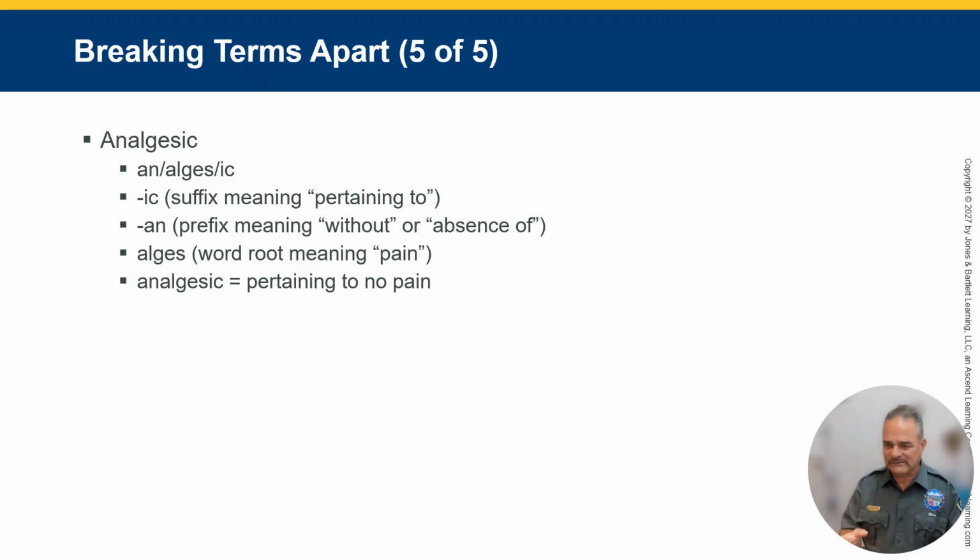So we use analgesics, such as Tylenol or ibuprofen, to be without pain. If we want to say the person is analgesic, it's pertaining to no pain. If you want to say the patient had trauma to the right shoulder but was analgesic, that means they had trauma without pain. We use analgesics to create a condition of no pain, like aspirin, ibuprofen, Tylenol, those kinds of things.